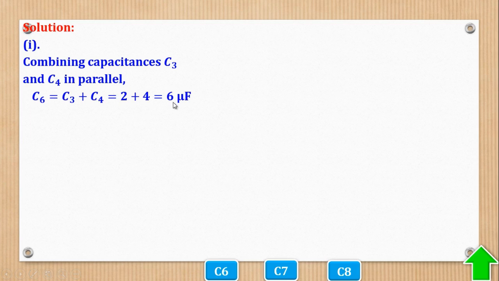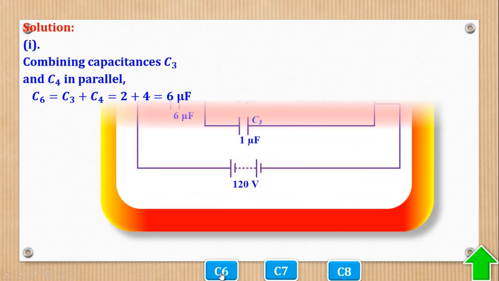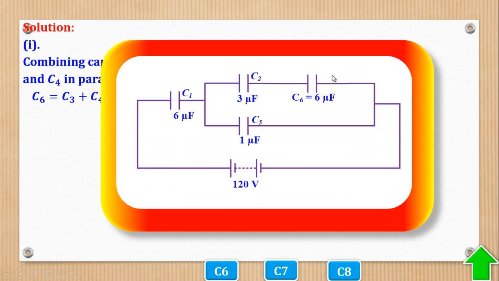Now when we get this, the circuit will look in this way, because we have combined the two capacitances which were in parallel at this part. So next is to combine these two. Why are we combining the two? Because remember this charge last divided here, and from here this went through this to come here at this junction, and this one went through these two to come back at this junction.